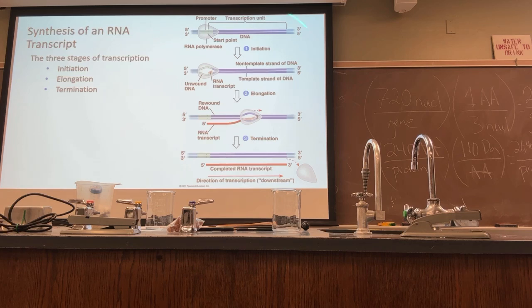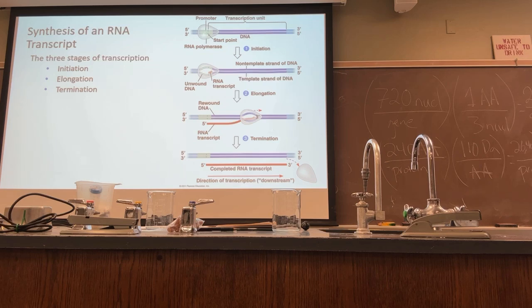So there's this promoter region. That's where RNA polymerase can bind. It's what we call upstream of the transcribed unit. I think that is self-explanatory. Elongation, finalized right there.